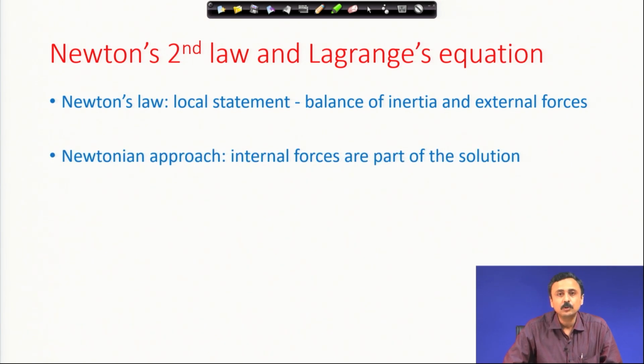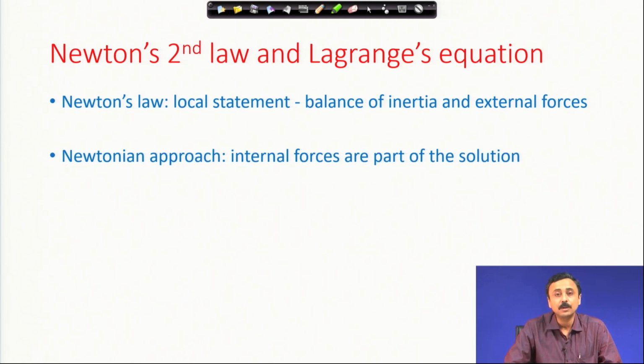In the Newtonian approach, what do we do? We first fix up the coordinates, of course, but then we have to draw the free body diagram, we have to draw internal forces. When we draw the free body diagram, we have to draw these internal forces, which are solved in the process. In the process of solving the dynamical problem, we also get the solution of the internal forces.